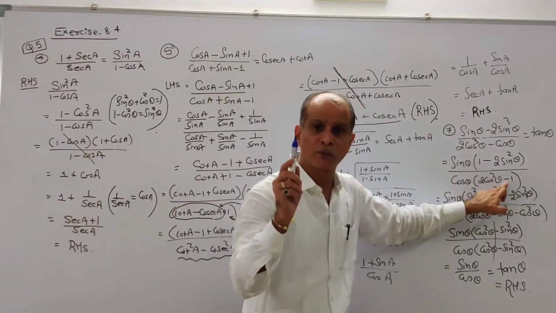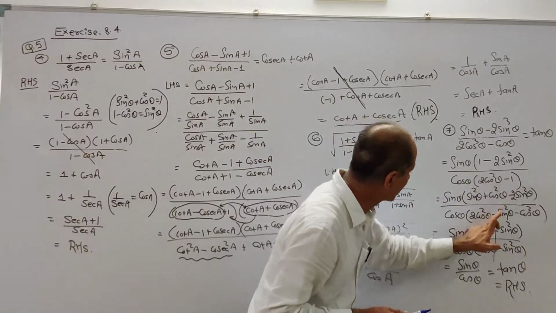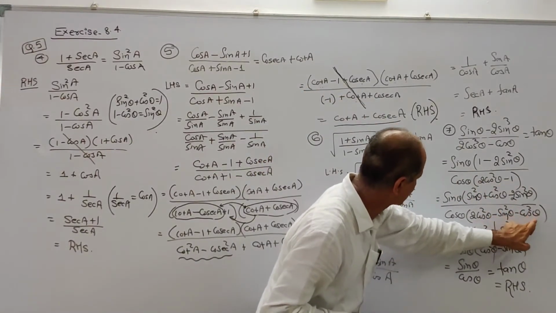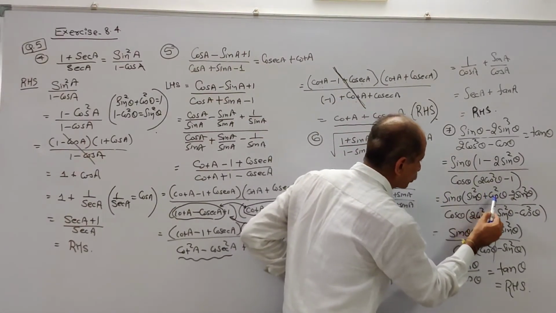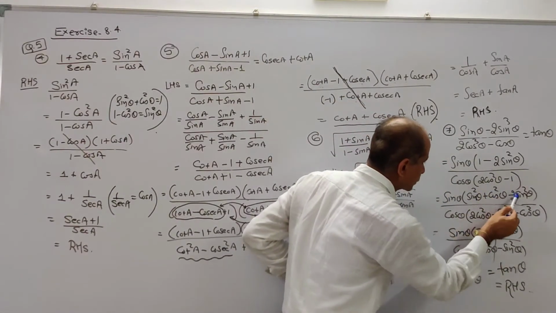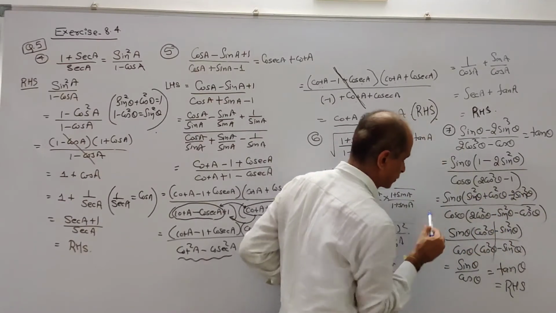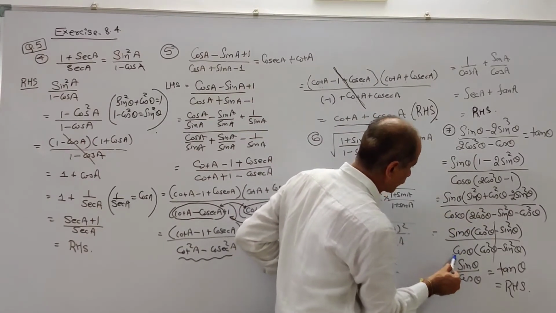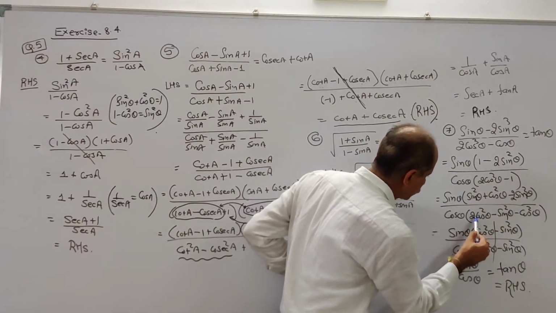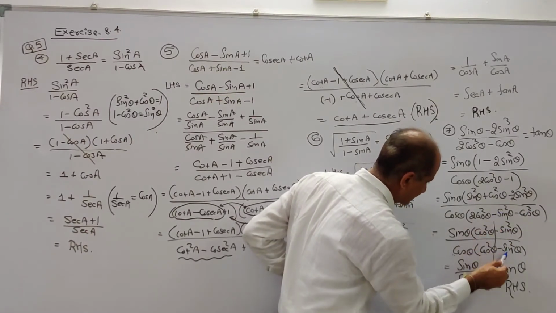In place of 1, when we write sin square theta plus cos square theta, this becomes minus sin square theta minus cos square theta. So sin theta as it is, cos square theta and sin square theta minus 2 sin square theta means minus sin square theta. Similarly in the denominator, cos theta in common and 2 cos square theta minus cos square theta means cos square theta, and minus sin square theta.